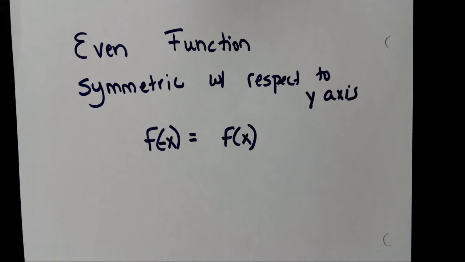If one of those things is true, all three of those things is true. So if I know that I have an even function, then I know it is symmetric with respect to the y-axis, and I know that f of negative x will equal f of x.